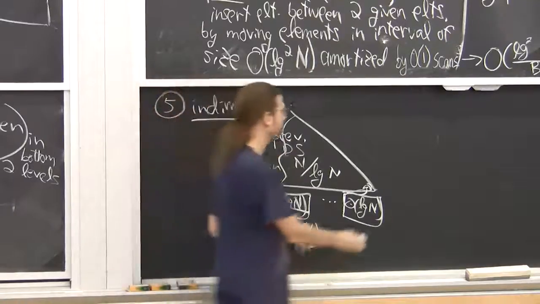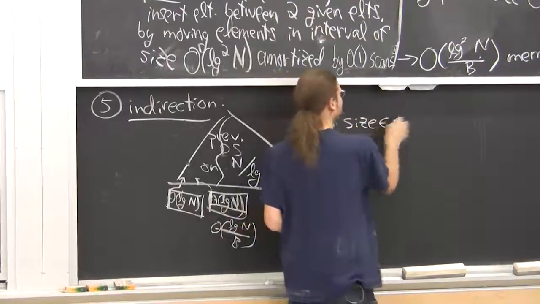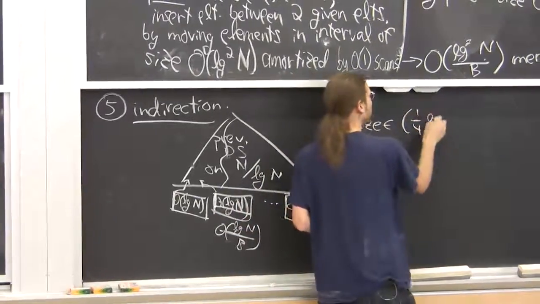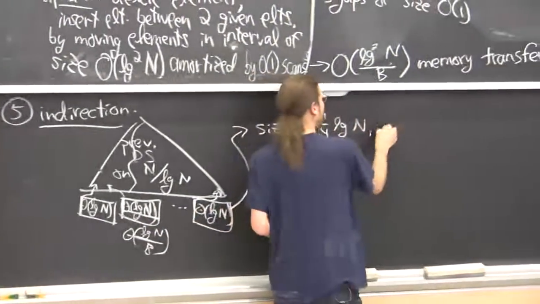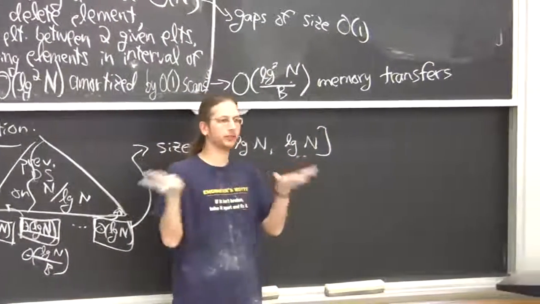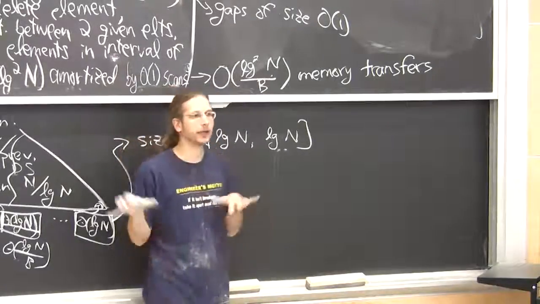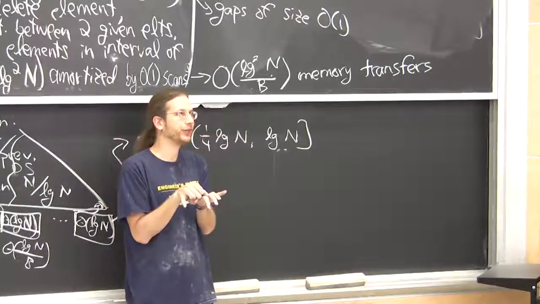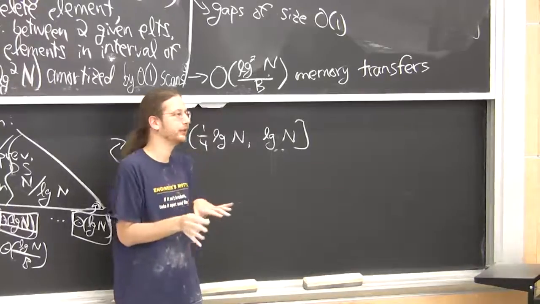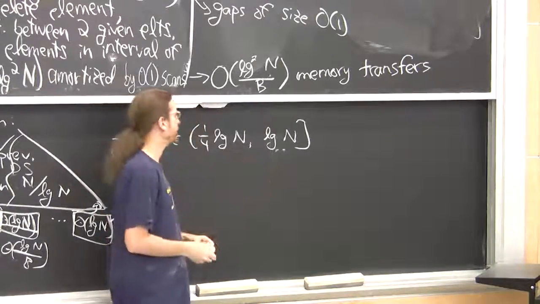Okay, so in general, each of these blocks will maintain the size to be between 1/4 log n and log n. So if it gets bigger than log n, I split it into two guys of half size. If it gets smaller than 1/4 log n, then I'll merge it with one of its neighbors and then possibly have to resplit it. Or you could think of it as stealing neighbors from your siblings.